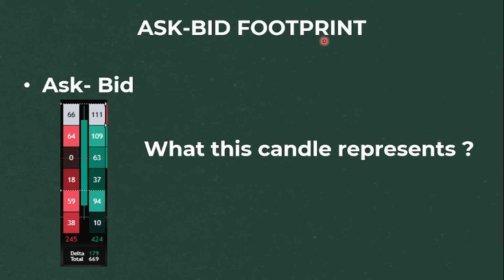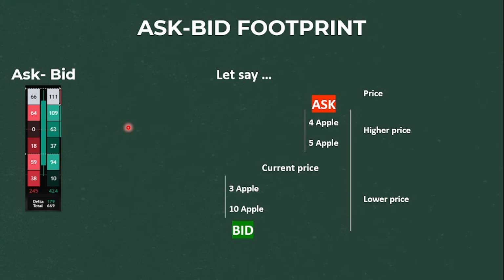So the Ask Bid footprint is the footprint candle. By the way, this is from TradingView. TradingView doesn't show tick-by-tick data, so you can use other platforms; it shows the data over some point range. Let's understand what these numbers tell us. Let's assume there's an apple.